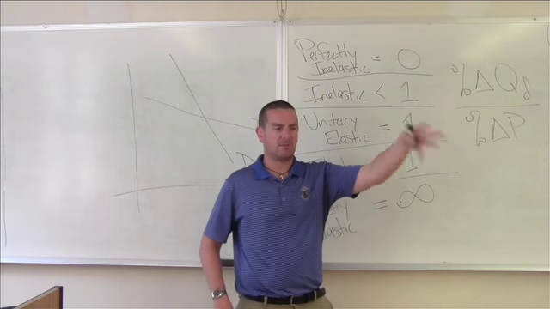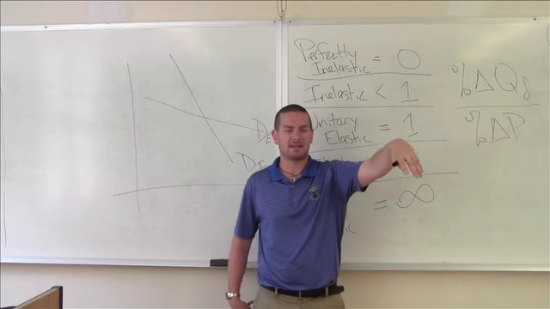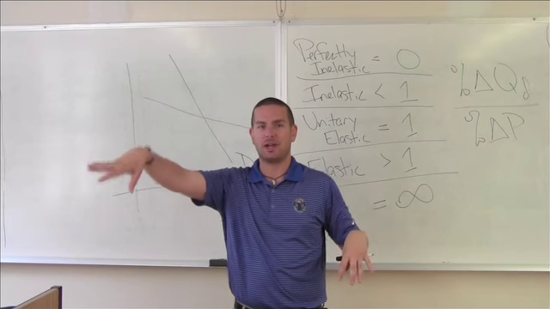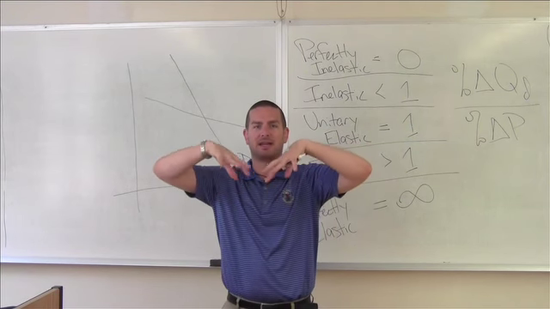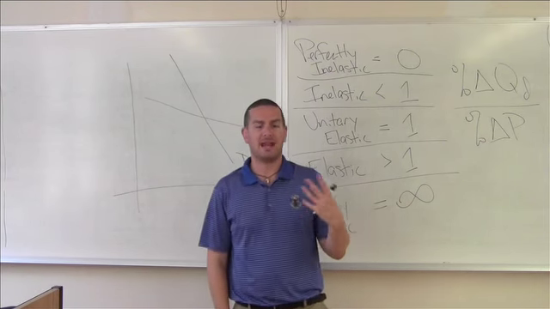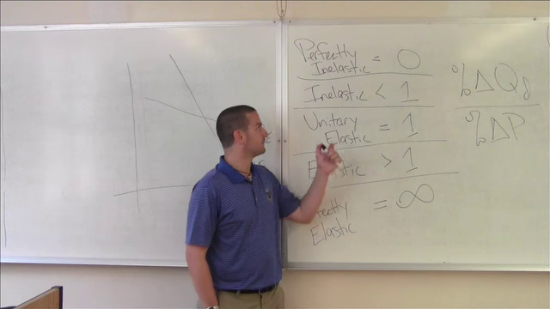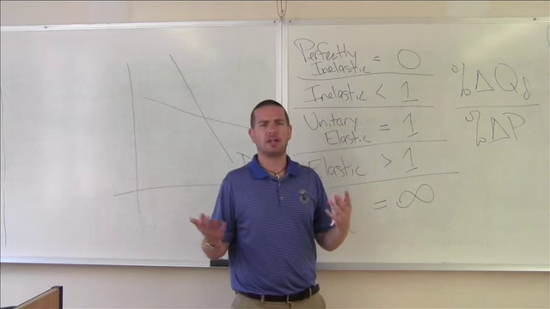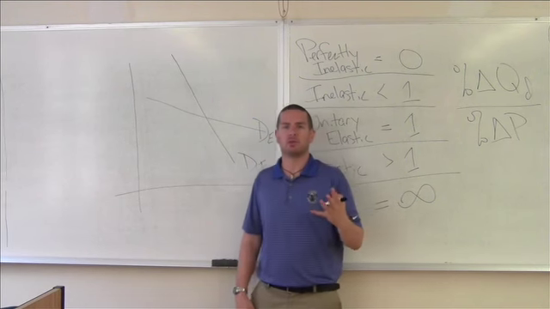If the big concept of inelastic is less than 1, and this other big concept of elastic is greater than 1, logically, in the middle, there has to be something that is equal to 1. We need to name it. We need to name the elasticity when something is exactly 1. This is less than 1, this is greater than 1. What are we going to call it if this formula turns out to be exactly 1?